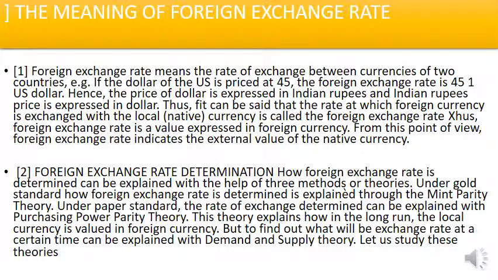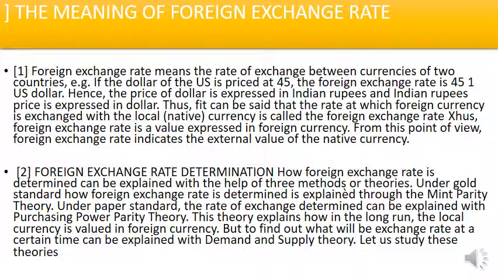First of all, the meaning of foreign exchange rate. The foreign exchange rate means the rate of exchange between the currencies of two countries. Two countries have different currencies, like India has the rupee and America has the dollar, and Europe has the pound.